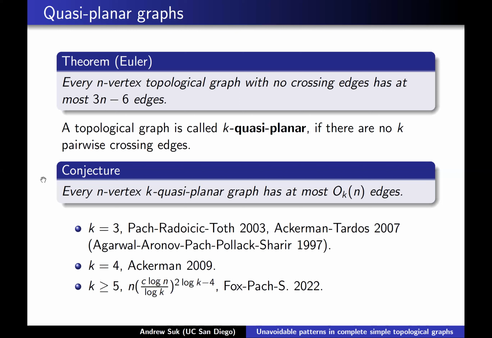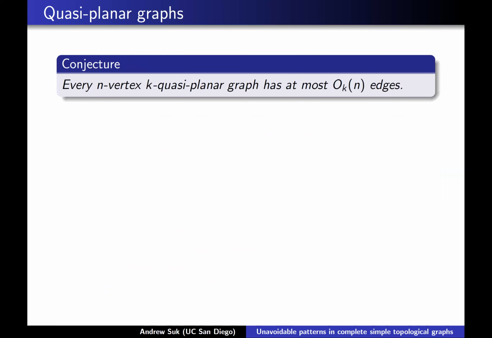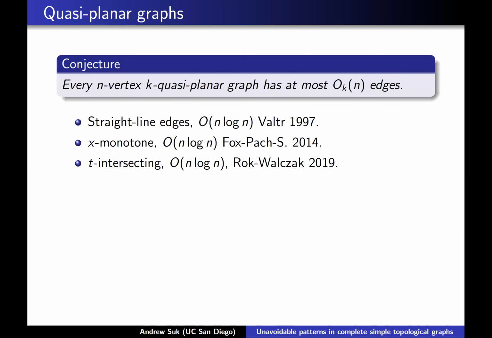Okay, and so since this conjecture has been open for quite some time, there's been several variations of this conjecture. So I'll just highlight some of them here. So for example, if you insist that the edges are drawn with straight line segments, then Valtr showed that every such k quasi-planar graph has at most n log n number of edges, where k is fixed.